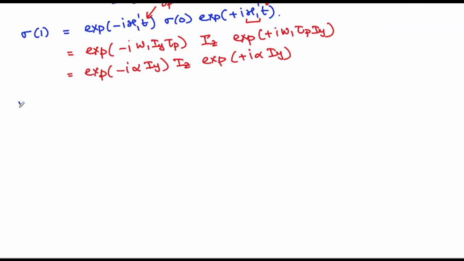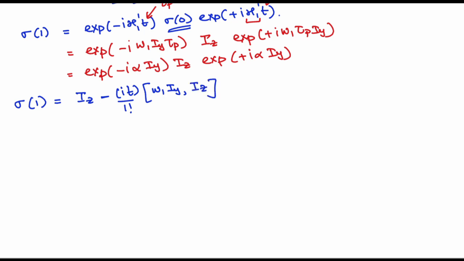Now this portion can be expanded by the BCH formula, which is going to be given by sigma 0, which is Iz in this case, minus i times t times 1 factorial times the commutator of the Hamiltonian omega 1 Iy with sigma 0, which is Iz.